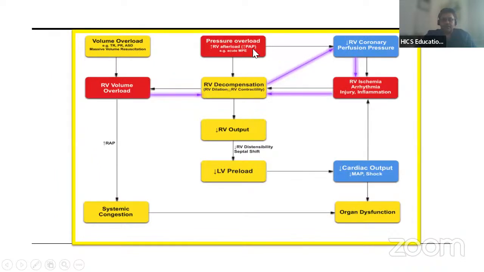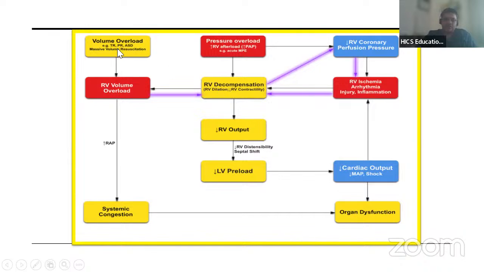So if there is a pressure overload, then there is an RV decompensation, which results in a decreased RV output and a decreased LV preload because of a decreased RV distensibility and the septal shift, which we have described. The RV decompensation can also result in decreased coronary perfusion pressure. And this causes RV ischemia, arrhythmias, and inflammation, which further results in RV decompensation.